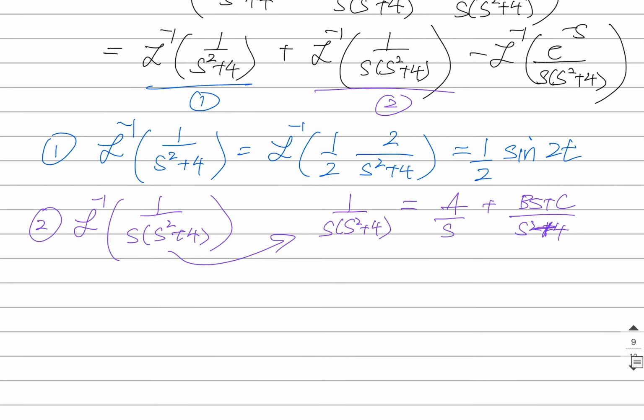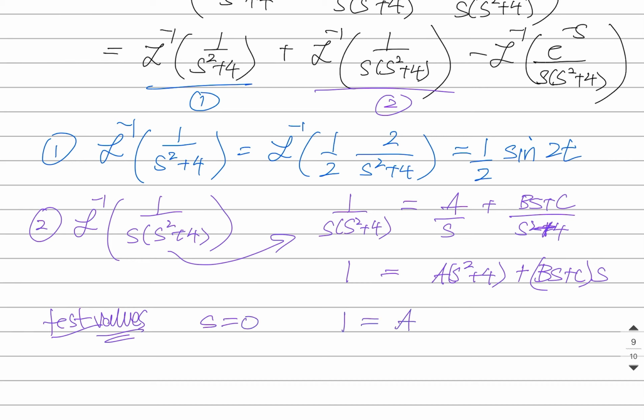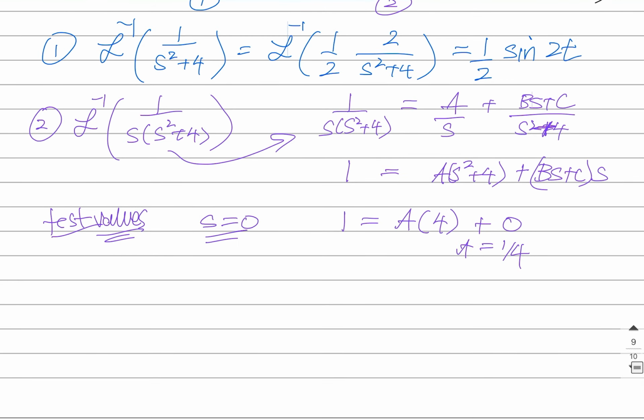The whole idea is that if both of these terms have the same denominator, then their numerators have to be the same. So we're going to use these test values. And in particular, we'll say when s is 0, we'll have 1 into 4 times A plus 0, so A will have to be a quarter. And the other test value is going to be designed to turn the other factor into 0.